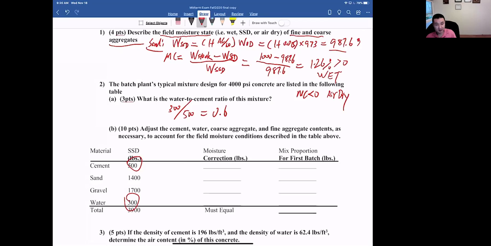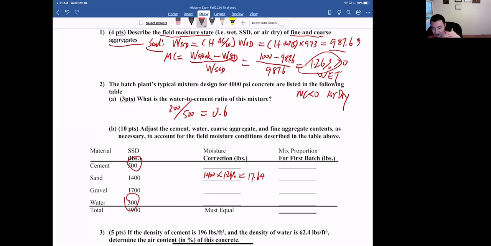Let me just use 1 more minute to do the moisture adjustment. To do the moisture adjustment, we should use the moisture content we just calculated. For example, for sand, the moisture content is 1.26%. So we use 1,400 times 1.26%, which is equal to 17.64 pounds.